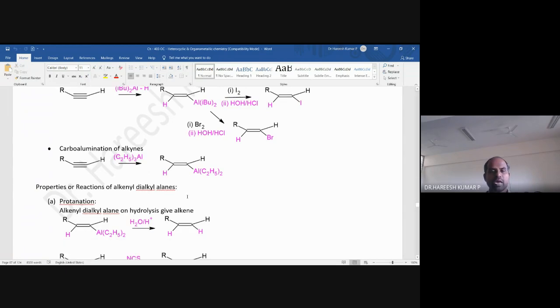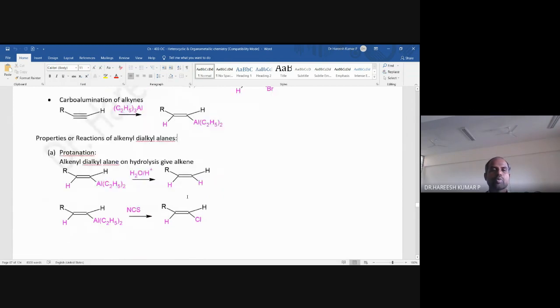Then let's look into the properties. Properties and reactions are both the same: reactions of alkynyl dialkyl alane, otherwise properties of alkynyl dialkyl alane. The first one is protonation.